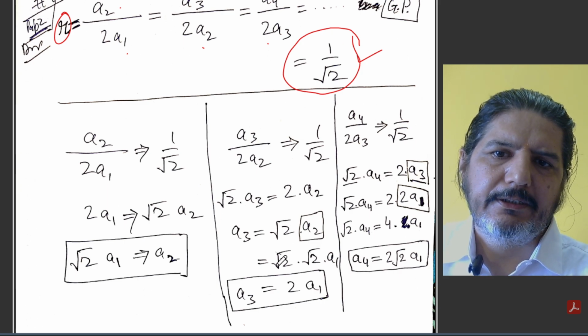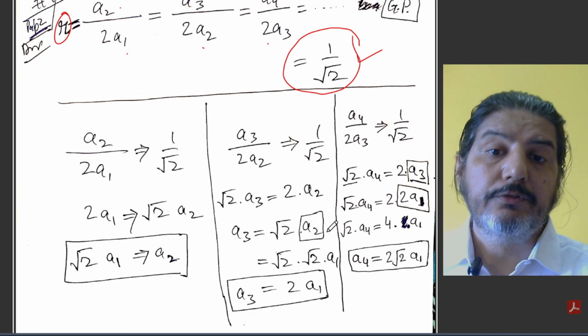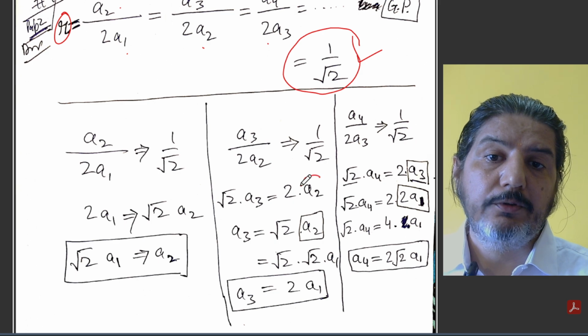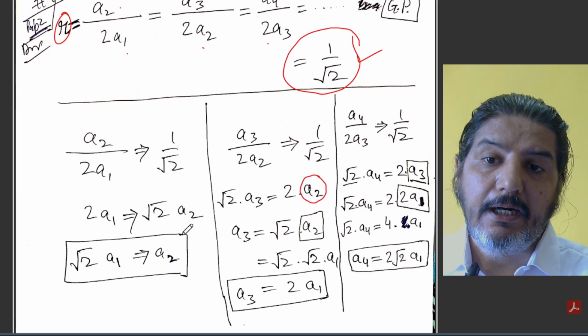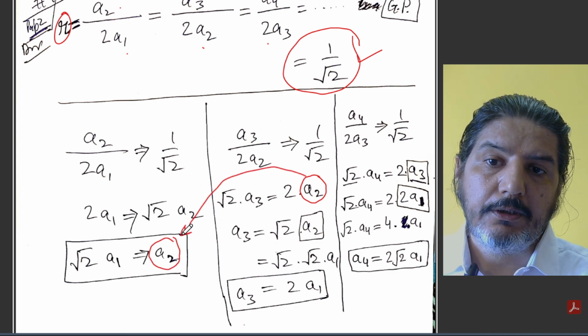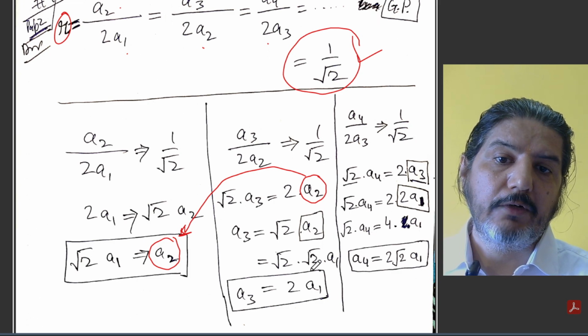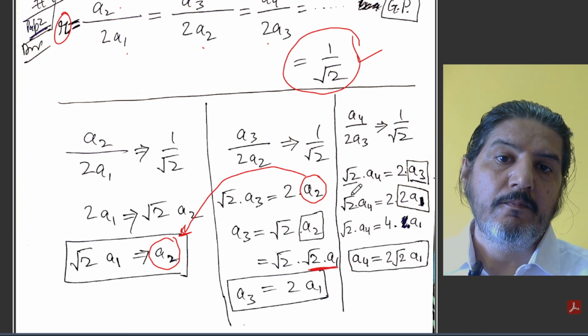Then after the manipulation, a3 is equal to twice of a1. One thing you need to see is that where a2 is there, I put the value from the first calculation, root 2 a1.